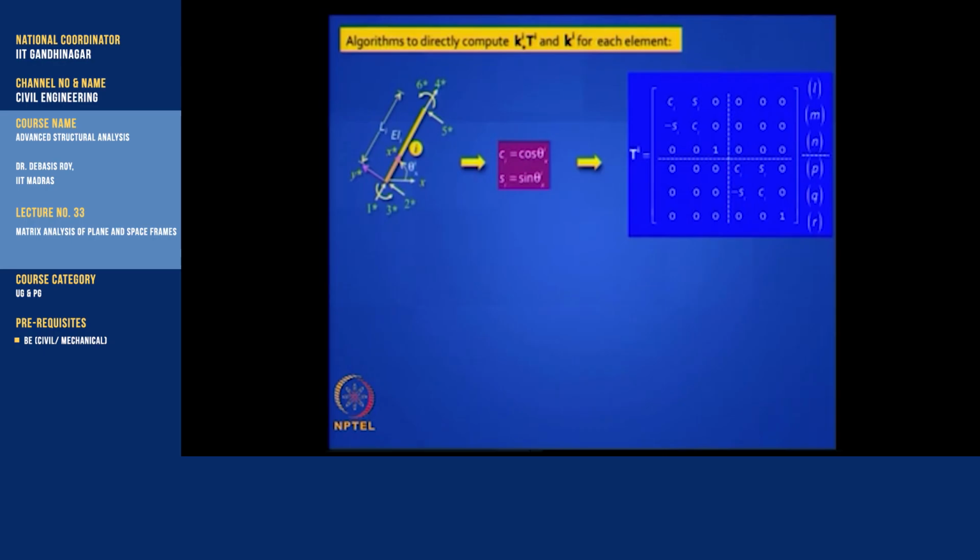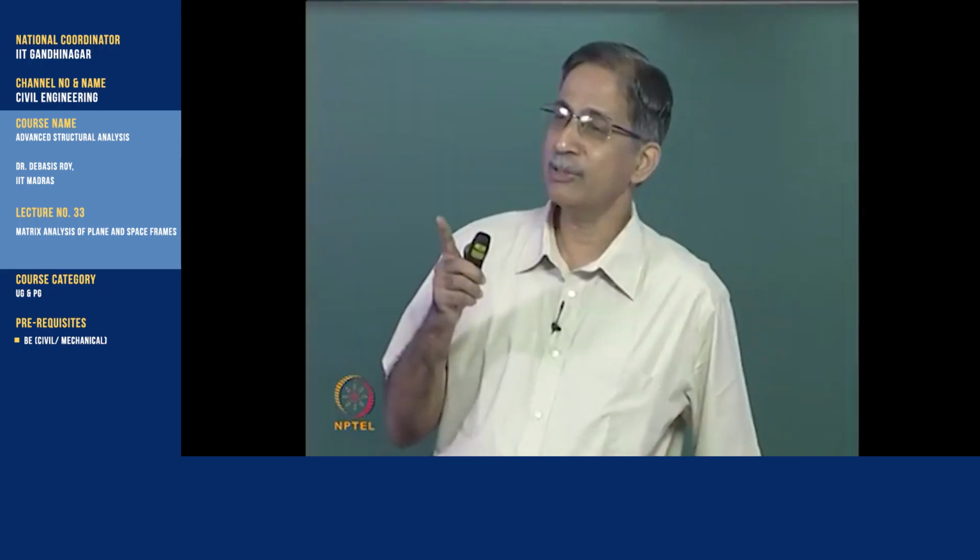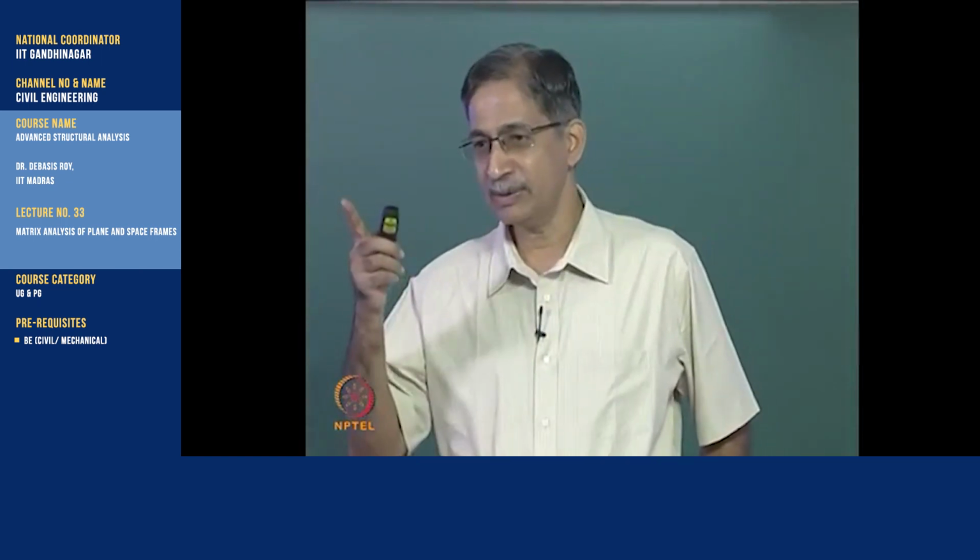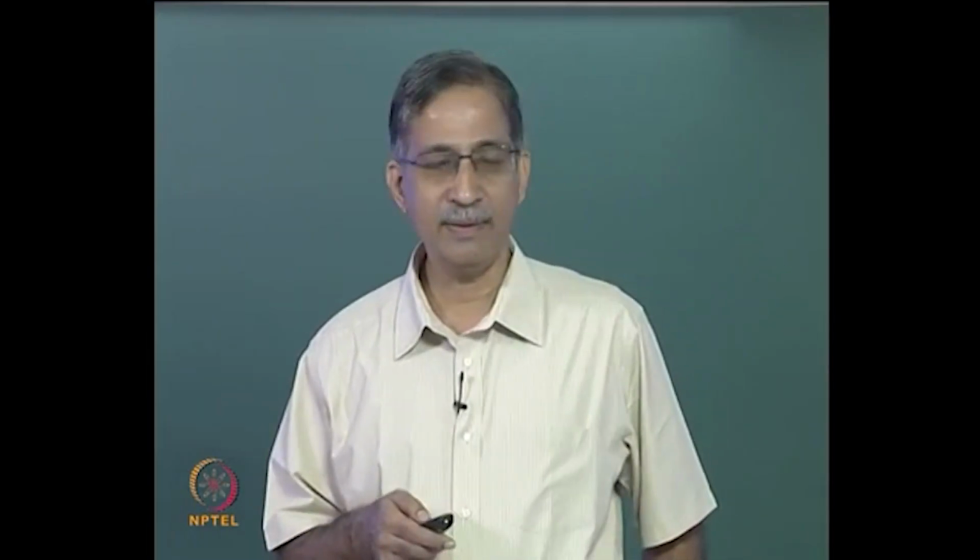So this is a typical transformation matrix for any element in your plane frame, and once you input the properties, once you write the coordinates, it can generate this automatically for all the elements. It is important to note that you must also put the linking coordinates, which I have shown here, LMN, PQR, and it is very easy to assemble the stiffness matrix.